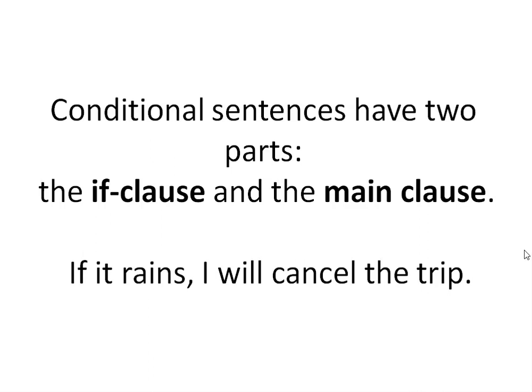That's why we call it the main clause. I will cancel the trip is the main clause, and the first clause, if it rains, is the subordinate clause, and in this context it can also be called the if clause. So this subordinate clause can also be called the if clause.